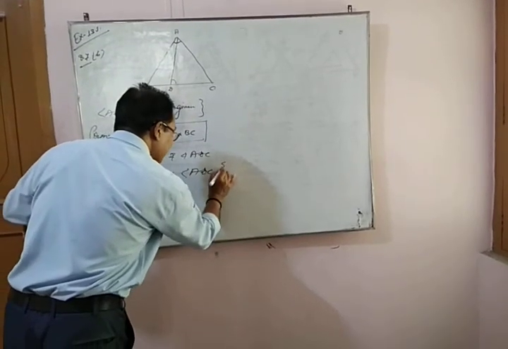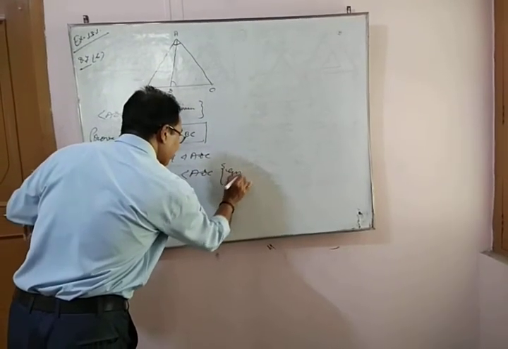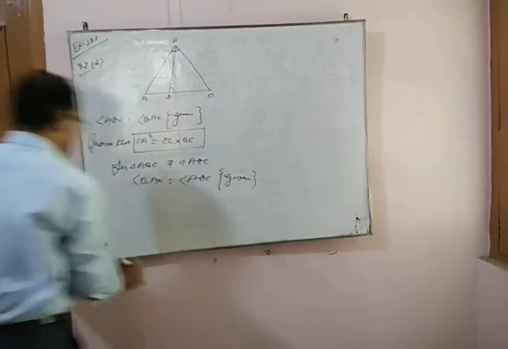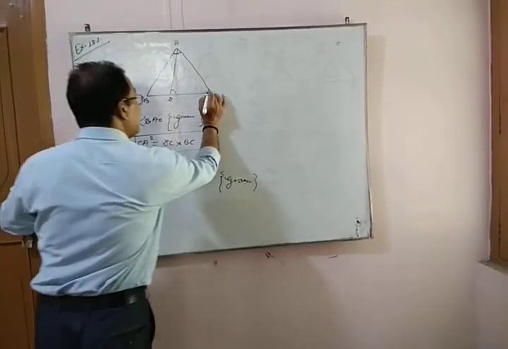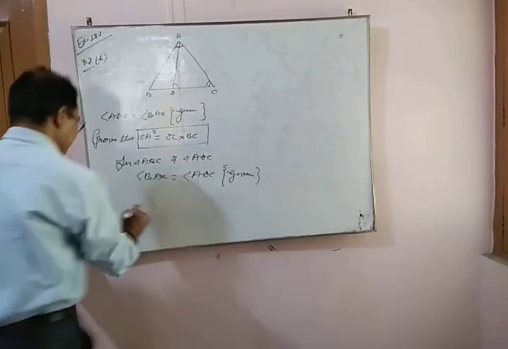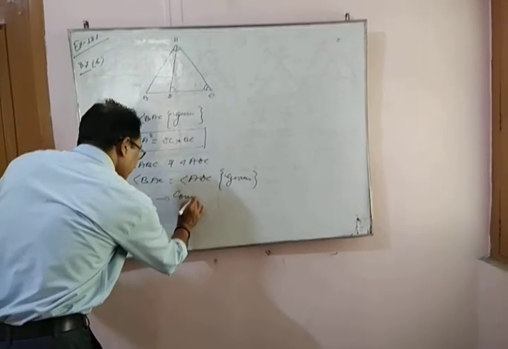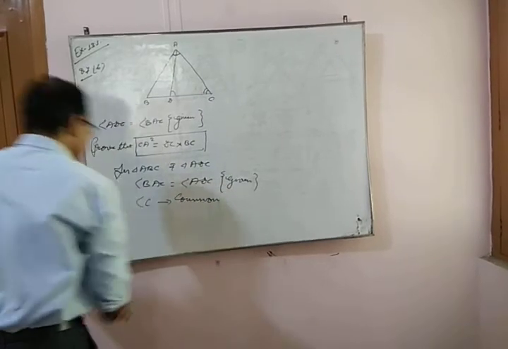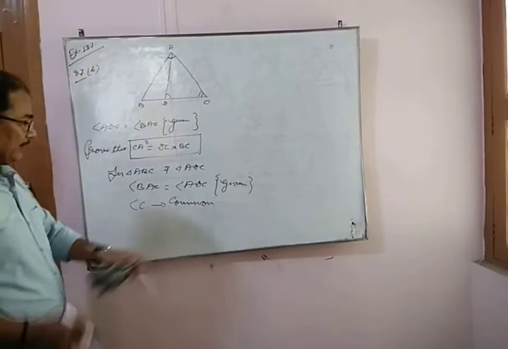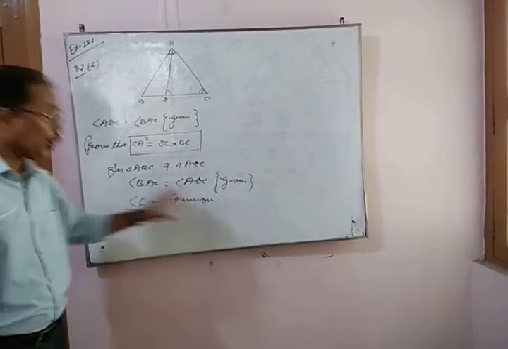You write down the reason, given, and see the diagram, angle C is common in both the triangles. Two angles are equal, and these are the two reasons: given and common.